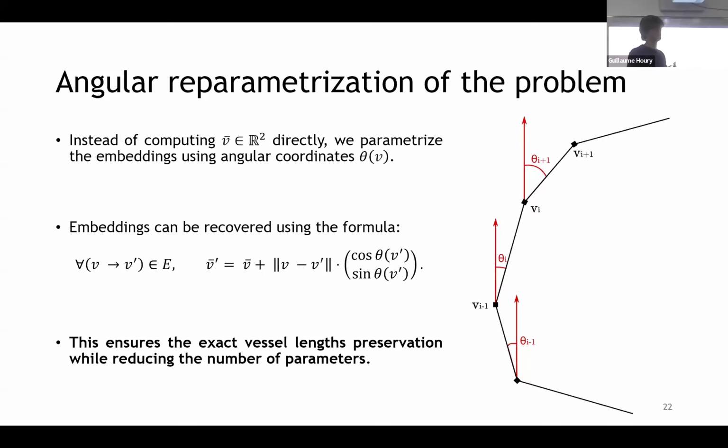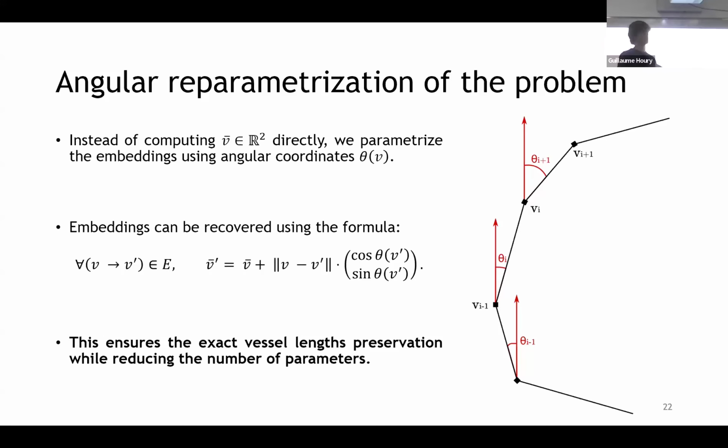And if we want to preserve exactly the length of the blood vessels in our embedding, it means that the magnitude of this vector is fixed as well. So the only degree of freedom is the orientation of the vector.